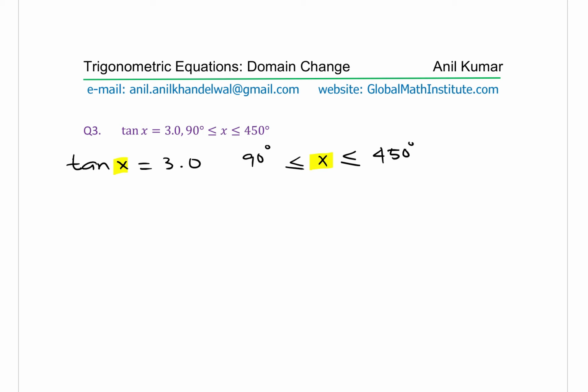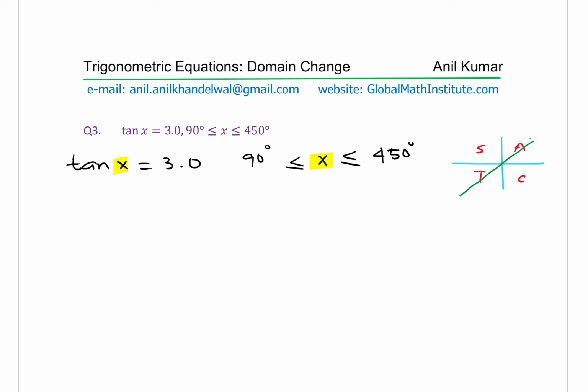Okay. So we can say for tan positive value, that means what? Tan is positive. Let's write down the CAST rule. Tan is positive in two quadrants, and those two quadrants are quadrant 1 and 3, right? So those are the quadrants.